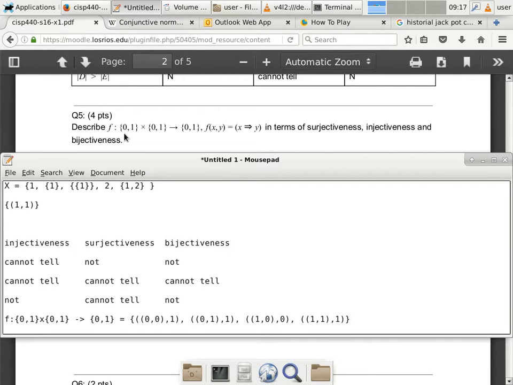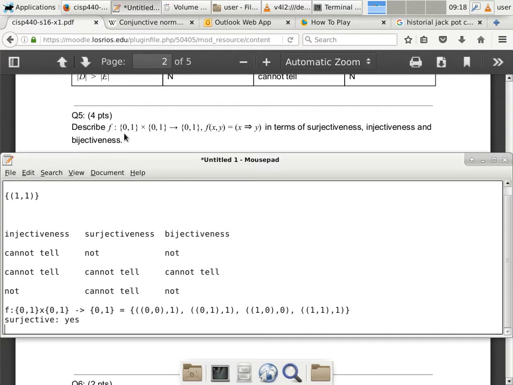Okay, so now we know the exact mapping between the domain and the codomain. So now let's answer the questions in terms of surjectiveness, injectiveness, and bijectiveness. Is it surjective? In other words, is everything in the codomain used? Yes, because both false and true are used in the codomain.